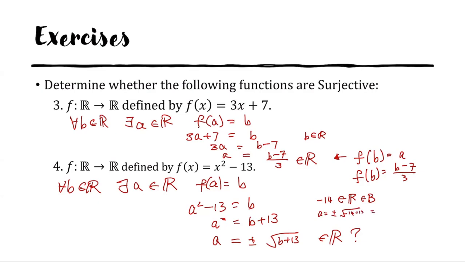And that will give you plus or minus square root of negative 1, which is not a real number. So there's no input from the set of real numbers that will give you an output of negative 14. So negative 14 has nothing mapped to it. So we know this is not surjective.